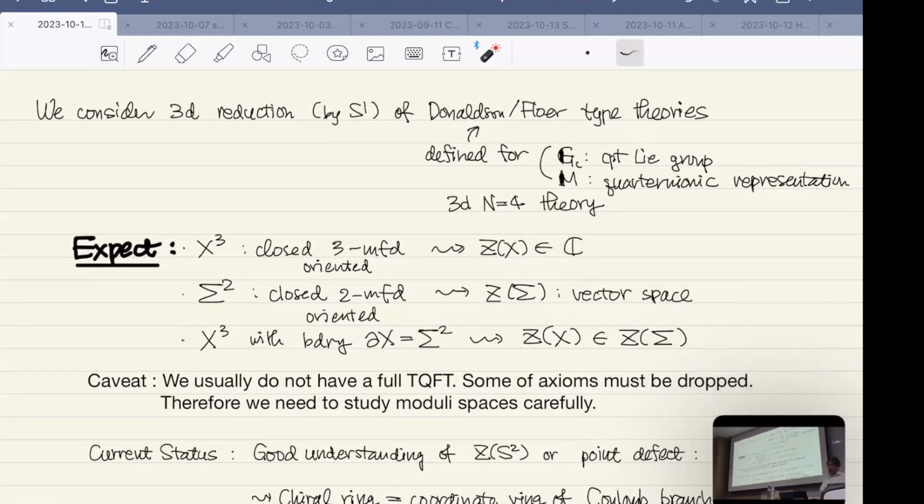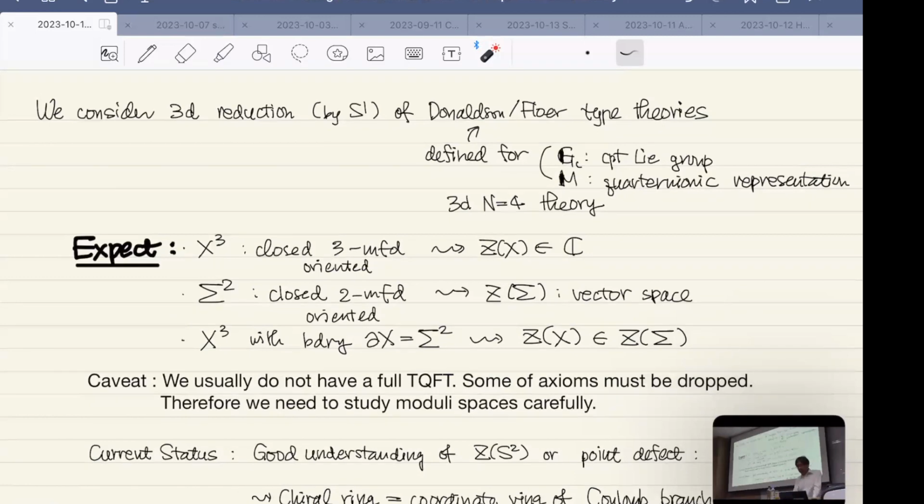And then we expect that we can construct a topological quantum field theory from this case. So it means that we should get Z of X, a complex number, for a closed three-manifold, and Z of Sigma, a vector space, for a closed two-manifold.